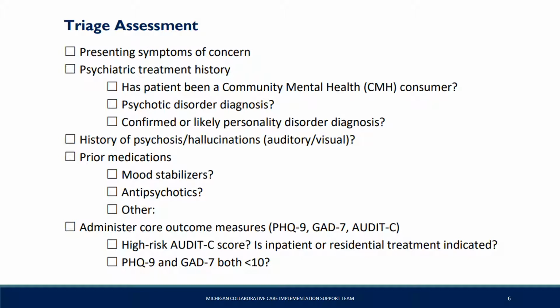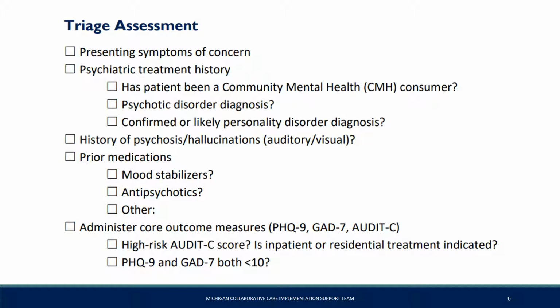So we're curious about presenting symptoms of concern as well as their psychiatric treatment history. We want to know whether the patient has been a CMH consumer in the past, whether they have a diagnosis of a psychotic disorder, and whether they have a confirmed or likely personality disorder diagnosis. These aren't immediate rule-outs.